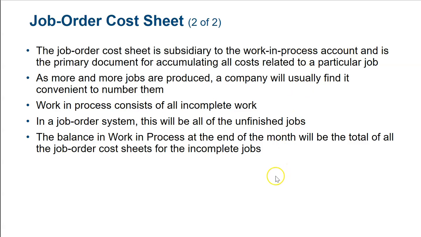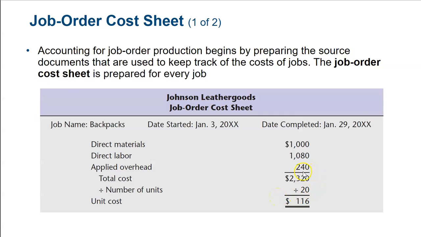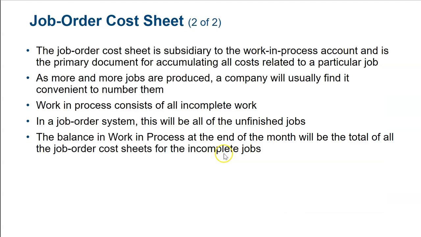So just prior to that job order cost sheet that we looked at in the previous slide, at some point we hadn't put quite the full $2,320 in there. It's reasonable to assume that at some point we had maybe $1,500 of costs in producing these 20 backpacks, and that the job was not complete.